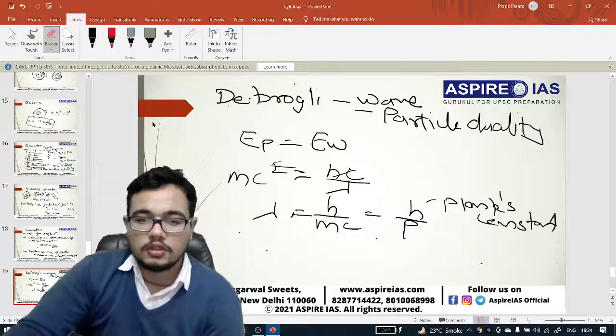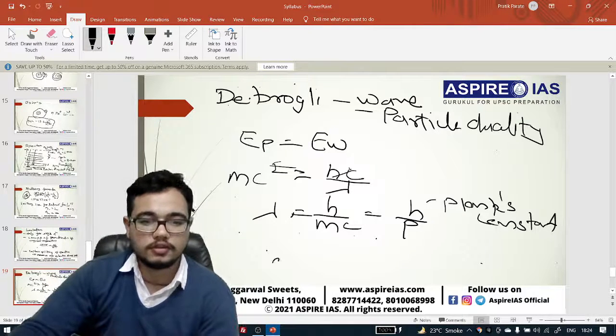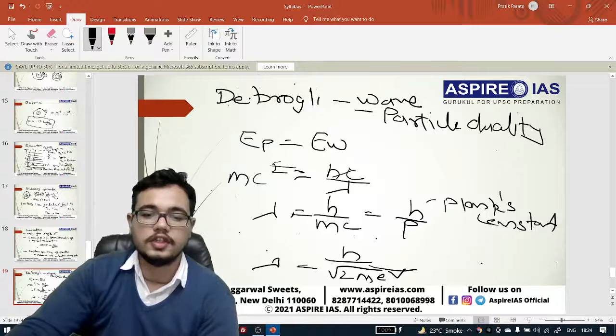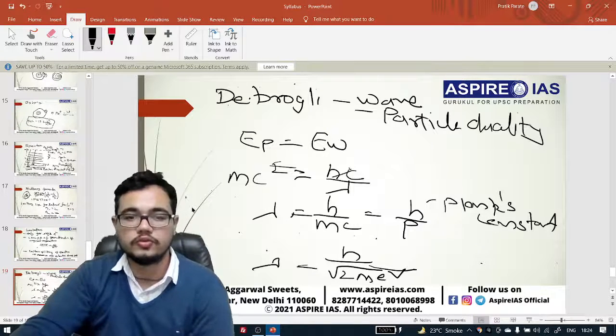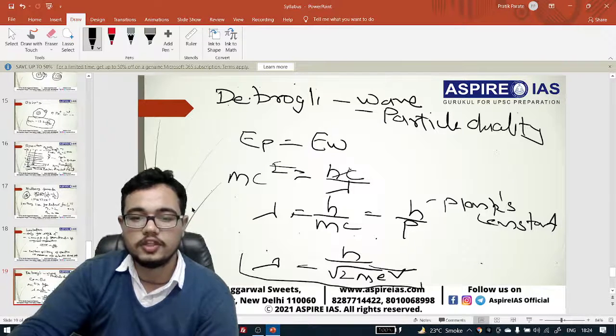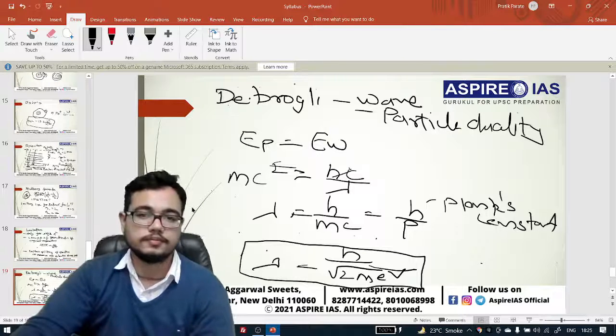Additionally, there is another formula for wavelength, that is lambda is equal to h upon root 2 m eV, where e is charge of electron, V is potential across which the electron is moving. By this we can calculate the wavelength by which the electron is moving around the nucleus.